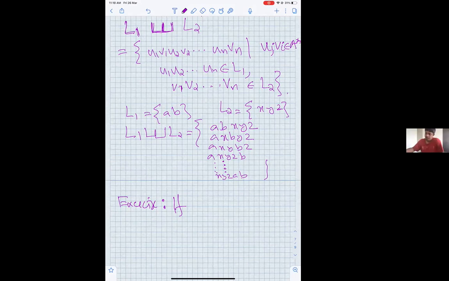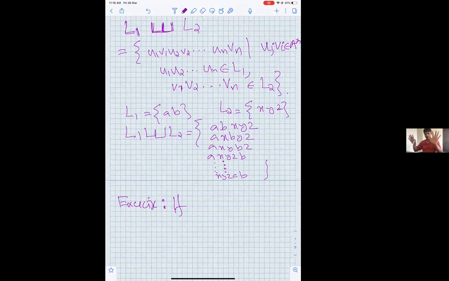So L1 shuffle L2 doesn't mean that the word has to start with L1. It just means that when I read a word, I can pick up some of the positions.